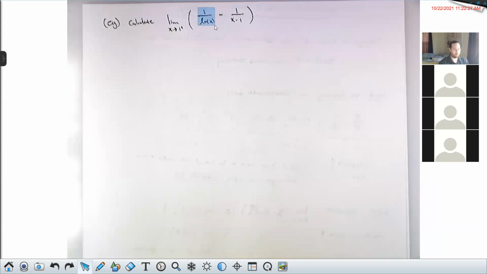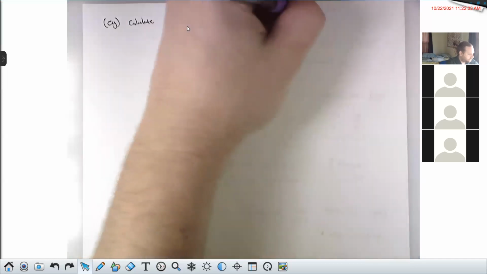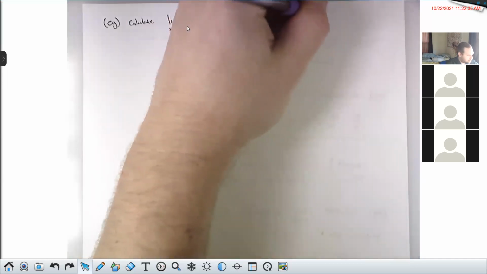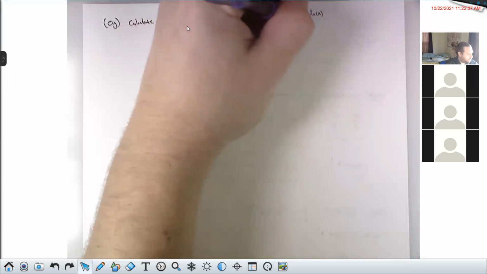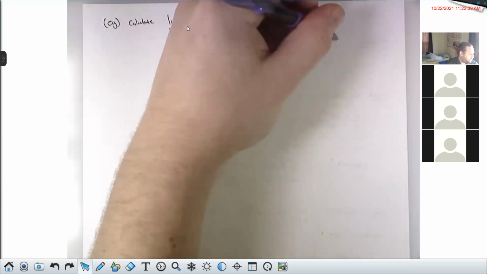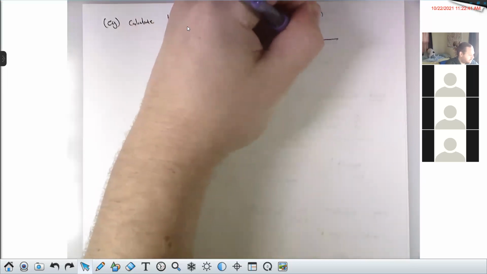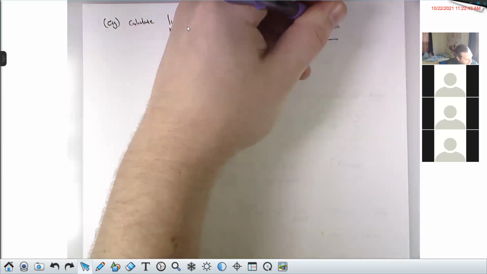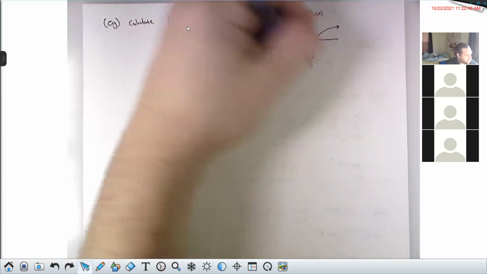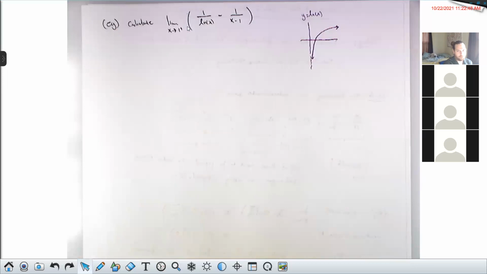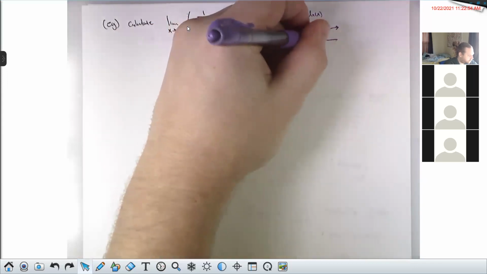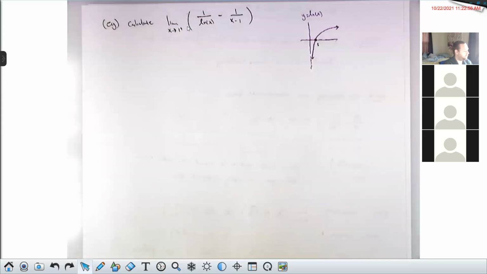You may not know what the graph of 1 over ln x looks like, but you should know what the graph of ln x itself looks like. Here it is, right? We've got a vertical asymptote at 0. We approach that going down from the right. The domain is just 0 to infinity. And this x-intercept happens at x equals 1.